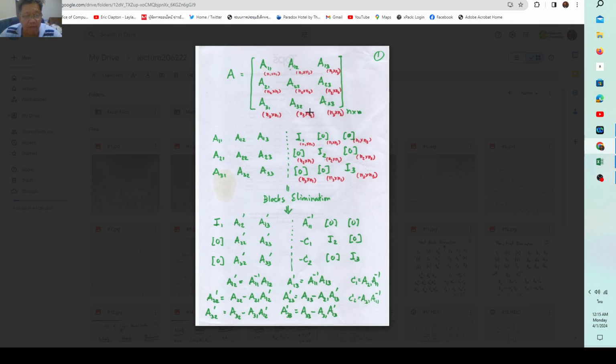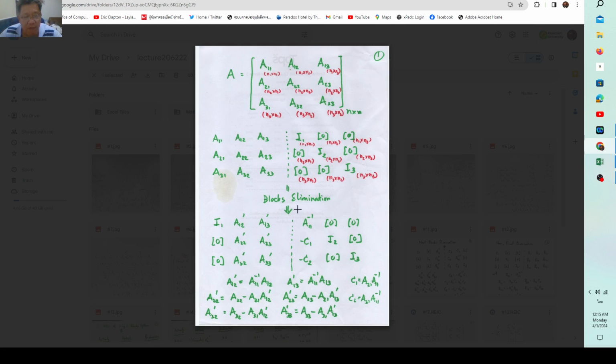We start with the A matrix on the left side, and then you add, right, the identity matrix, embedding the identity matrix into the original matrix on the right side, right? And I can have this small partition illustrated for you.